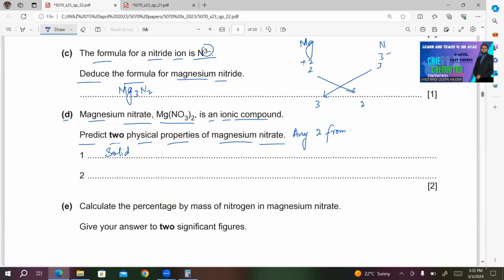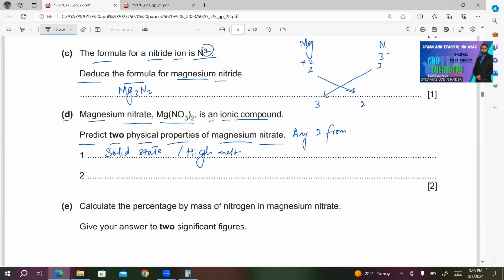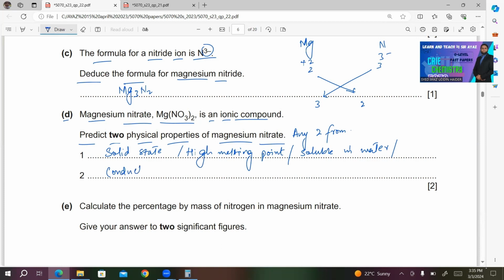So write solid state or high melting point, or you can even write soluble in water, soluble or dissolves in water. You can write conducts electricity in aqueous solution or molten state. Conducts electricity in aqueous solution.